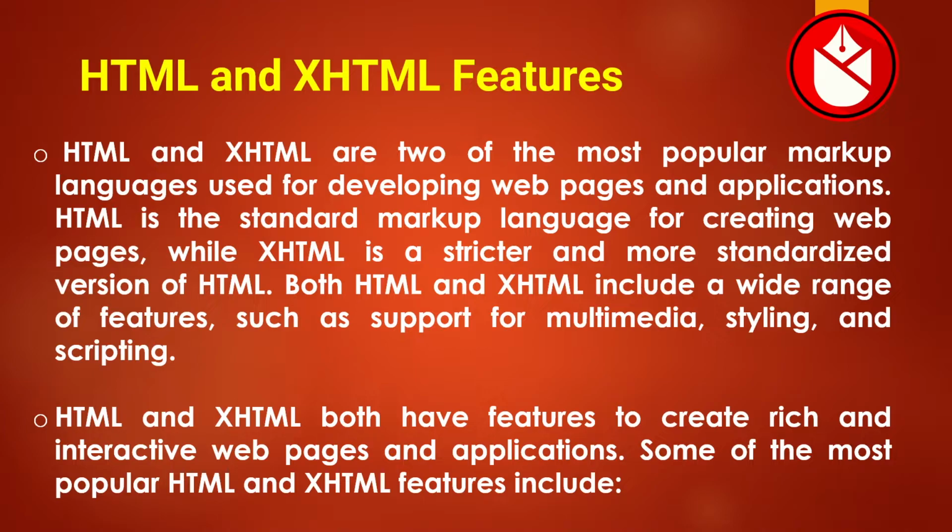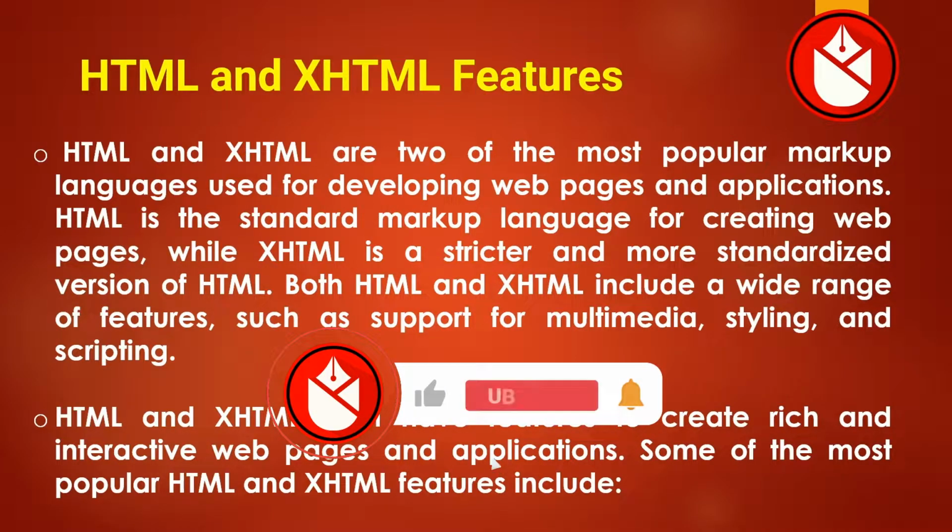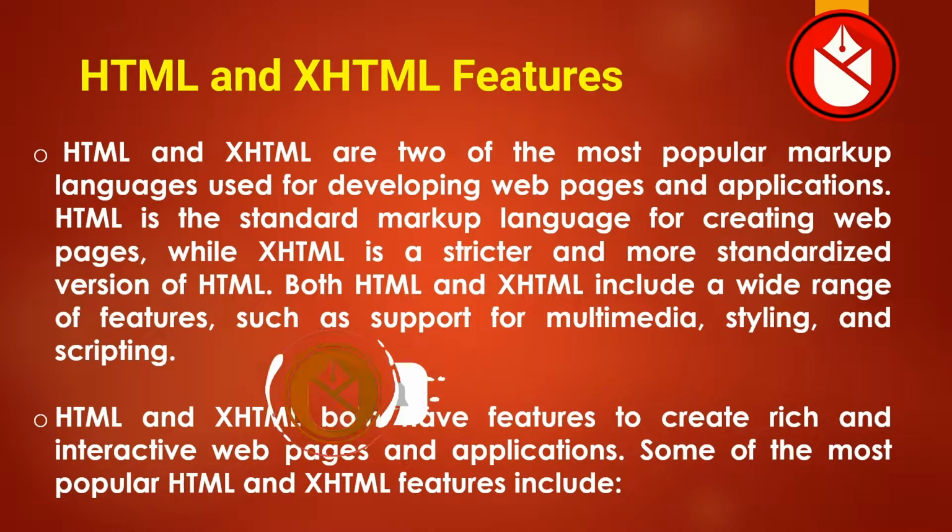So, what are the features of HTML and XHTML? HTML and XHTML are two of the most popular markup languages used for developing web pages and applications. HTML is the standard markup language for creating web pages, while XHTML is a stricter and more standardized version of HTML.